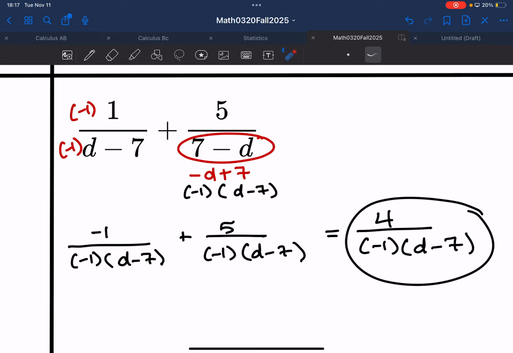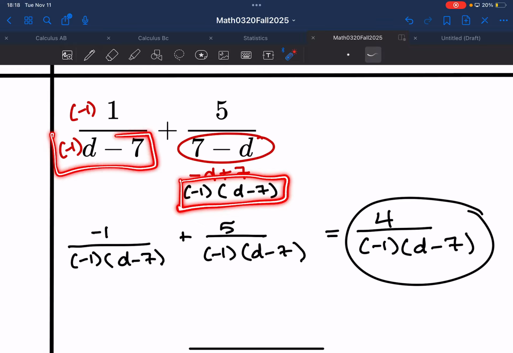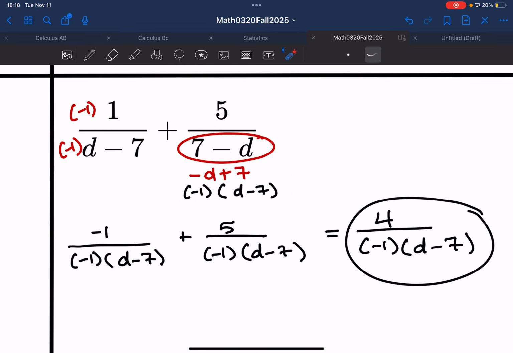Because we didn't multiply this denominator by -1. We took out the GCF of -1. So in order for these to match up, we would have to multiply the entire fraction by -1. We wouldn't just say only the denominator by -1, because now we've manipulated the fraction.